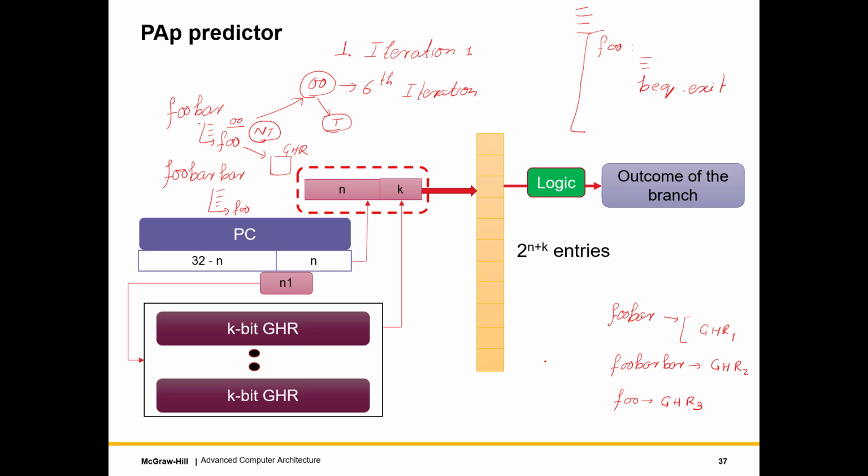For predicting the first branch, the branch that we are interested in, beq.exit, we will essentially use GHR3, which is the GHR of the foo function, and this would be unaffected by the behavior in other regions of the code. So what would this be populated with?